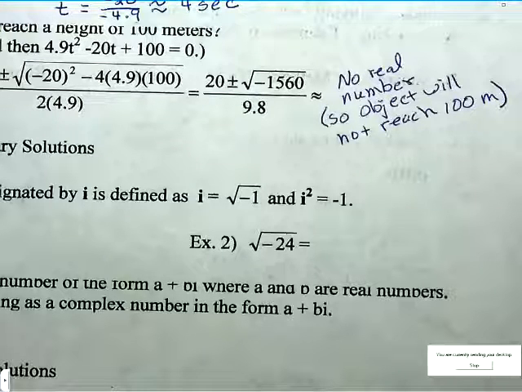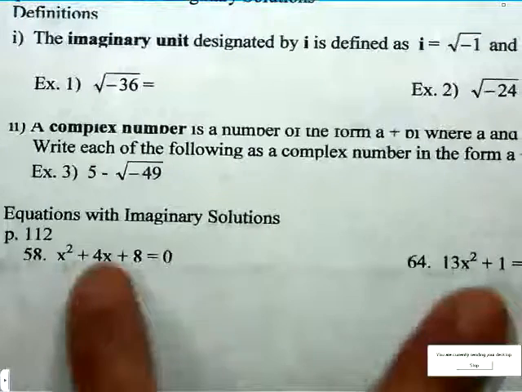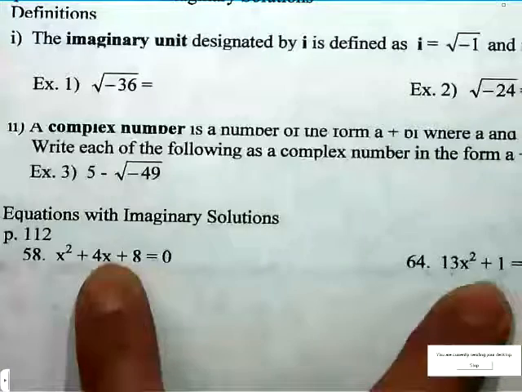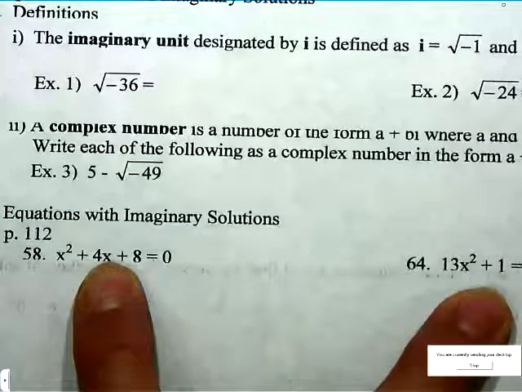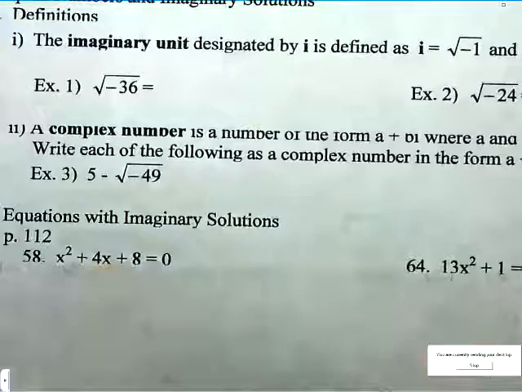The only reason that I just quit right here is because this is a word problem where an imaginary answer wouldn't make sense. That means the ball's not going that high. But in another problem like these two, if I use the quadratic formula and I get an imaginary solution, I want you to write down that answer. Don't just write no solution and quit working. But I'm just a little bit ahead of myself.